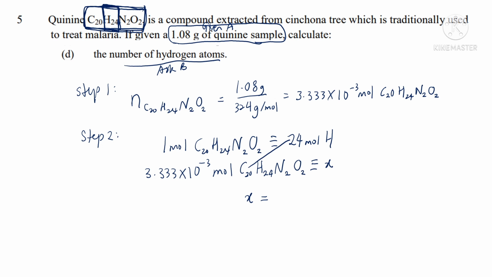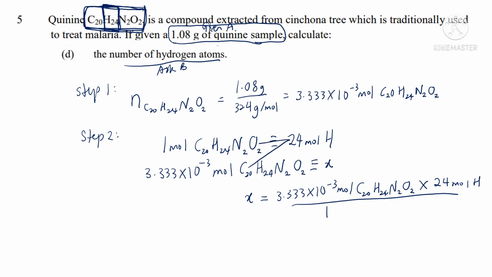So 3.333 times 10 to the power of -3 mole of quinine, multiply by 24 mole of hydrogen, divide by 1 mole of quinine. Mole of quinine can cancel out to give us 0.08 mole of hydrogen.